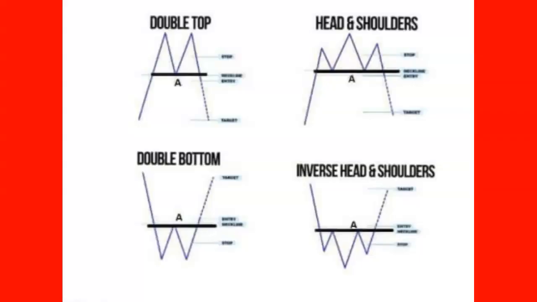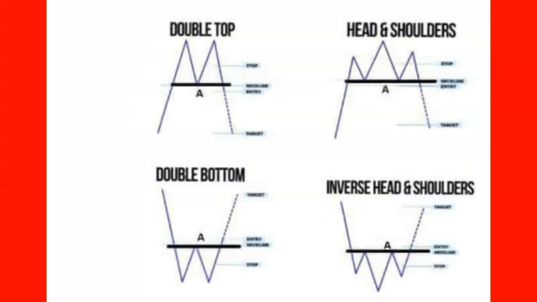All right, so what we're going to be talking about in today's video is the head and shoulders pattern and the inverse head and shoulders pattern. So let's go ahead and pull up the Ethereum chart once again and see if we can spot these patterns. Before I jump ahead too far of myself here, let me cover what the patterns mean.